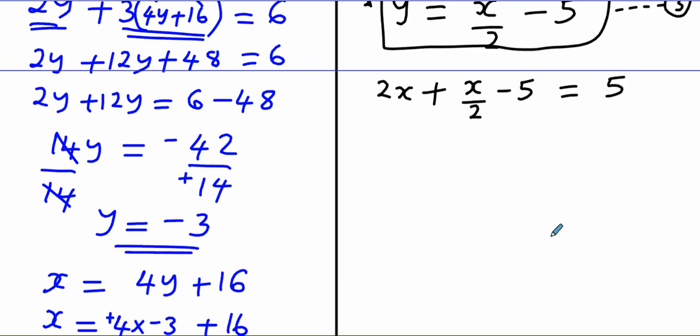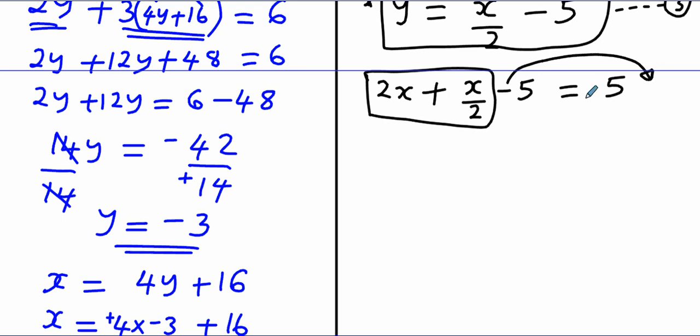Otherwise, let us continue. Now we have these terms which have the letter, and we have this number here without the letter. So transfer that number to your right hand side, and this remains 2x plus x over 2 equals 5 plus 5. The theory behind this is that it is negative 5, and when it goes there, it will be positive 5.